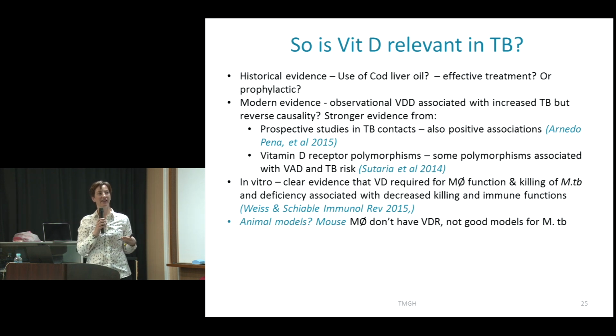She's randomized, I think it's 11,000 children, to vitamin D or not vitamin D, having excluded that they've got TB already, or that they're infected, so they haven't got latent infection. Then she's randomizing them to look at the risk of developing first-ever infection. And I'm hoping that that trial is going to have a positive outcome.